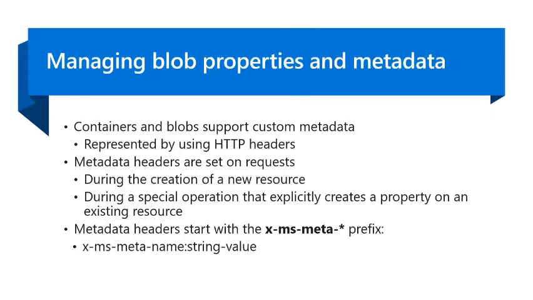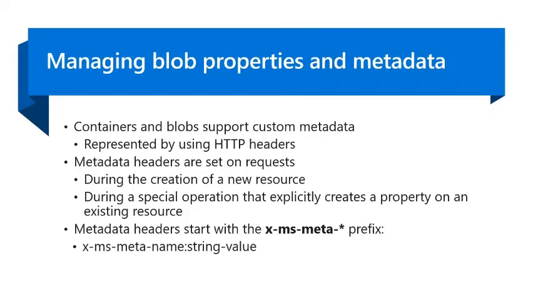Metadata consists of name-value pairs. The total size of the metadata pairs can be up to 8 kilobytes in size. Metadata name-value pairs are valid HTTP headers, and so they adhere to all restrictions governing HTTP headers.